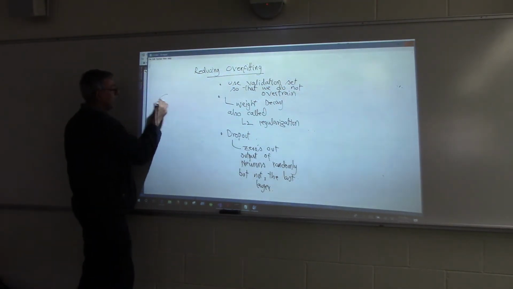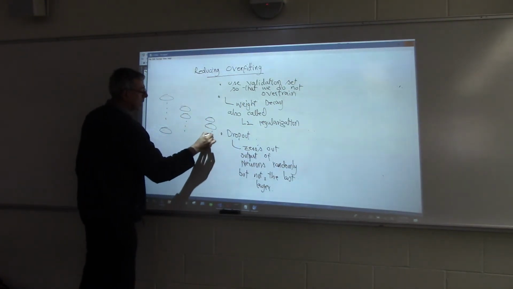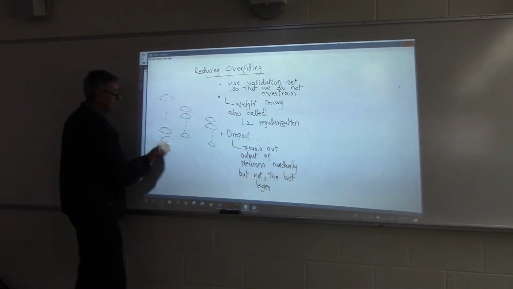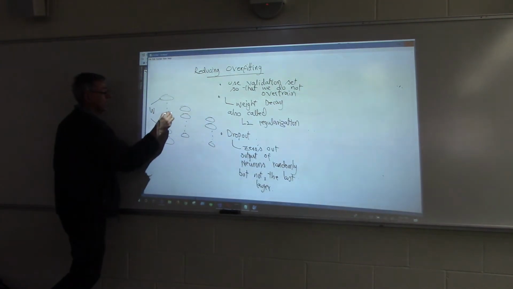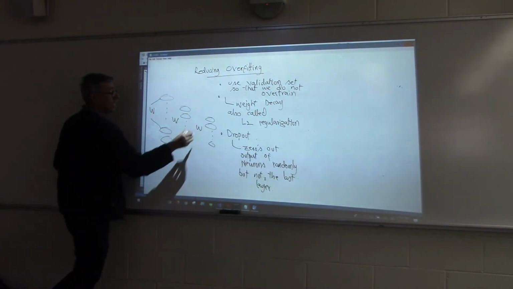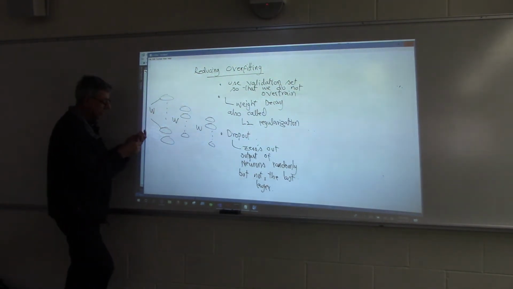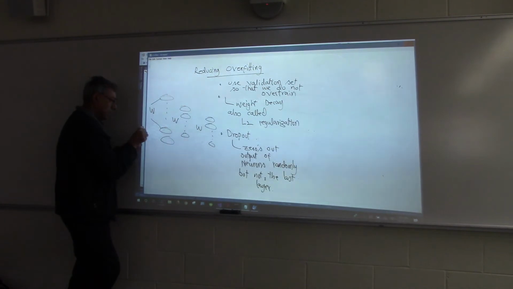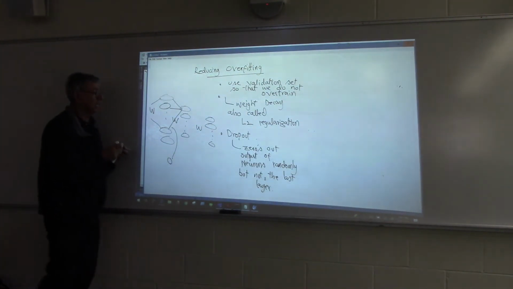Let's say we created a 3-layer network. Some weights are connecting here, some weights are connecting here. Each one of these outputs is going over here. Suppose we decide randomly that we'll zero it out.